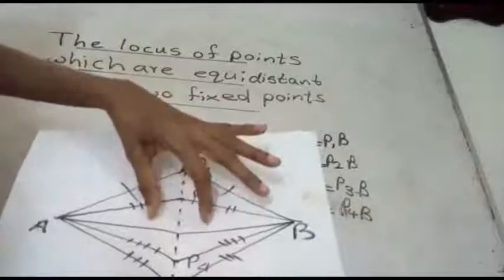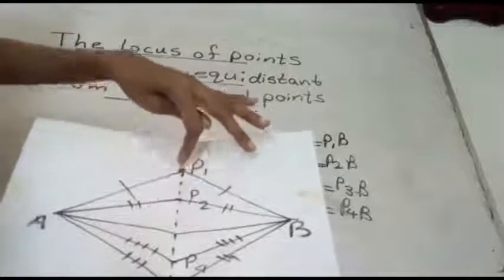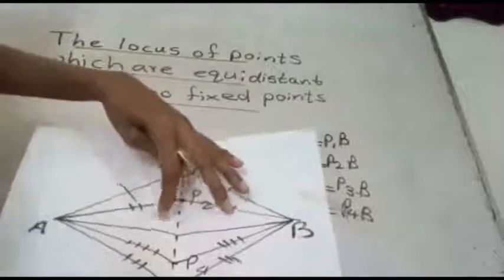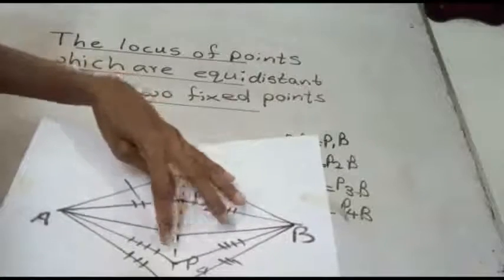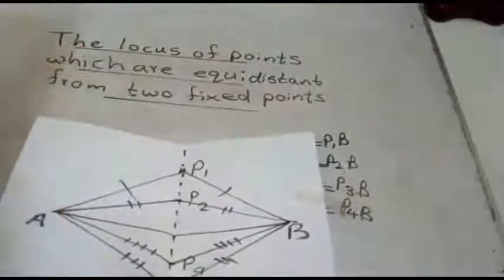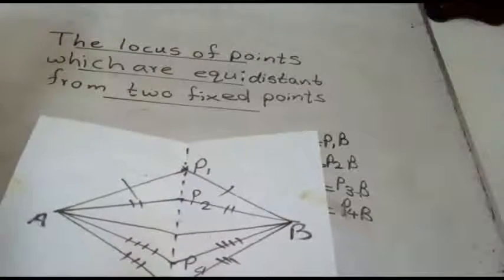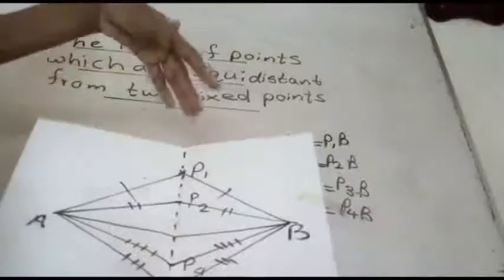The addition of these two angles is equal to 180 degrees. One angle is equal to 90 degrees. Then the fold line is perpendicular to AB. We call it the perpendicular bisector of the line segment AB.